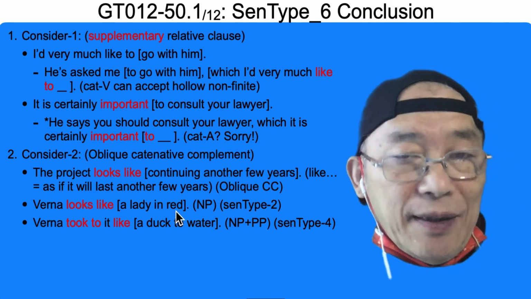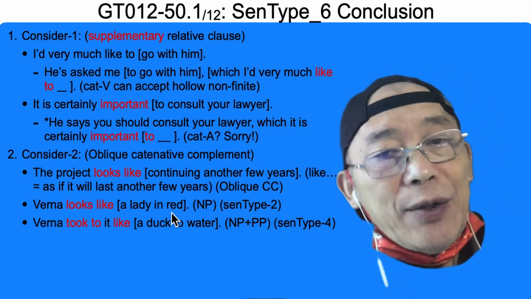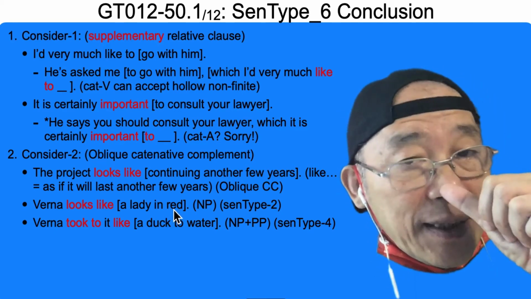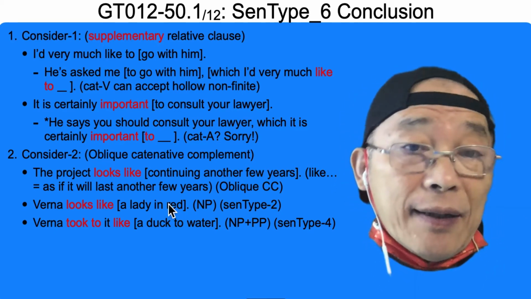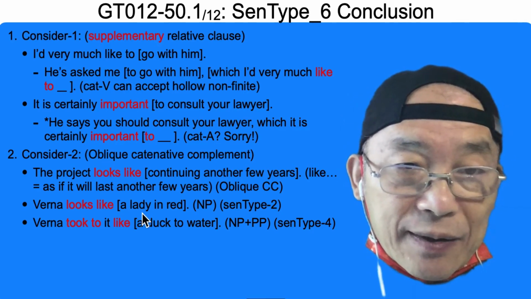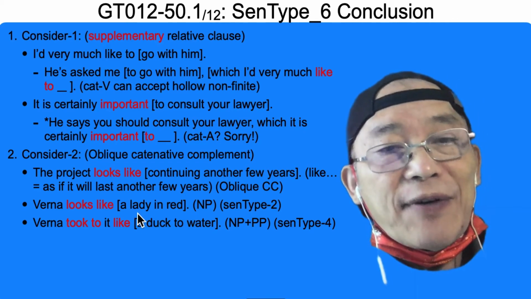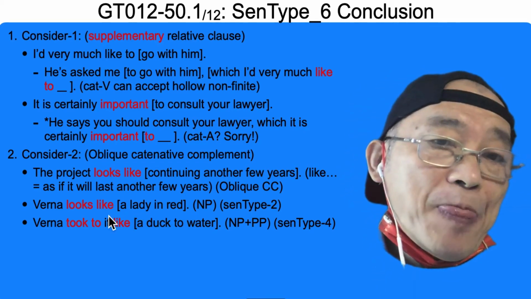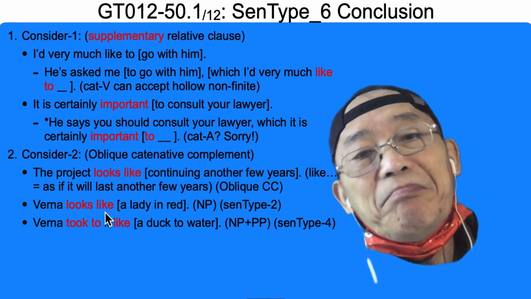In red means in a red dress, wearing a red dress. So this preposition phrase is acting as a modifier to this. So this noun phrase is the head. So this whole thing is a noun phrase, and it's acting as a complement of the preposition, right?